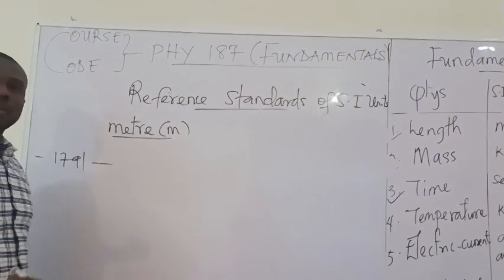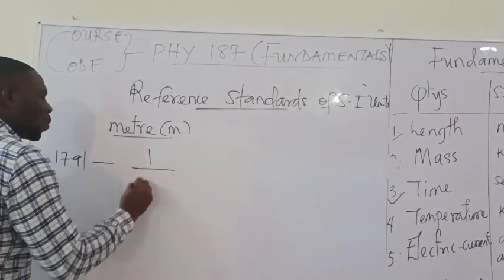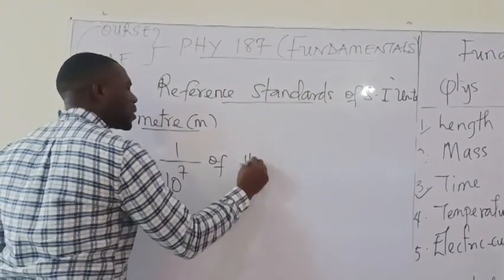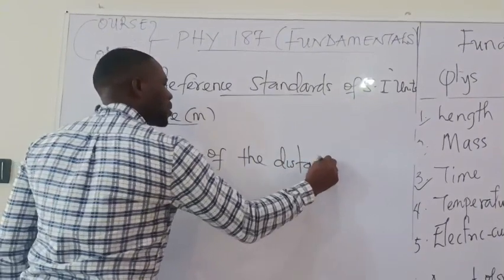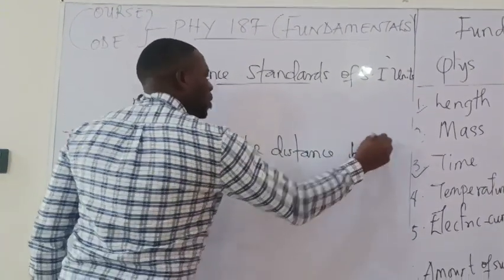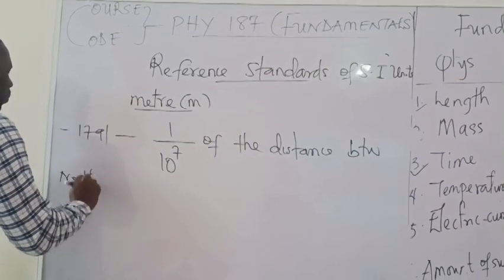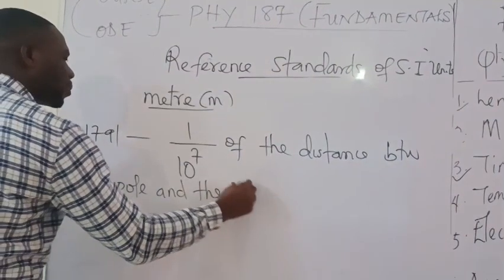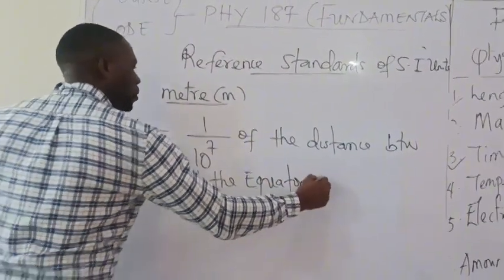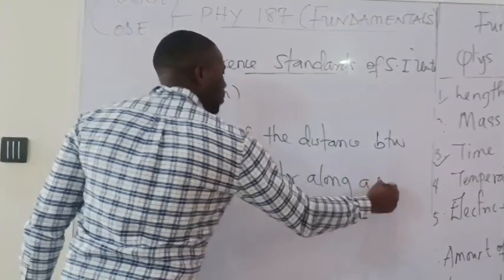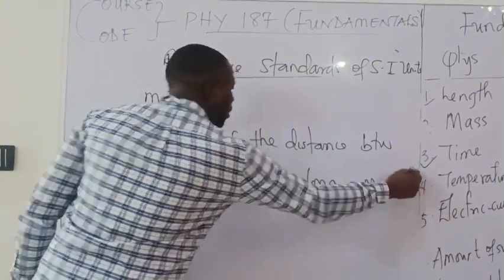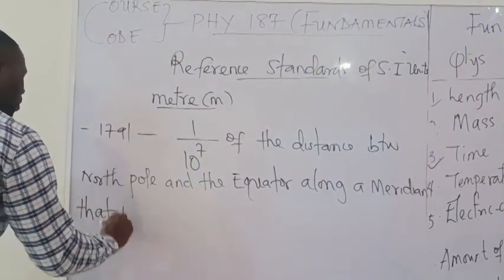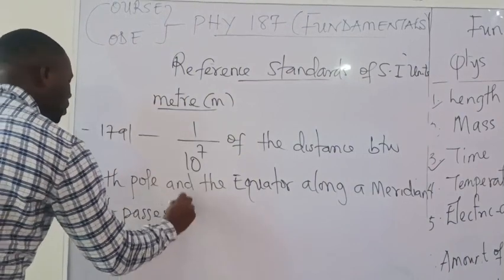The meter was defined in terms of 1/10 million of the distance between the North Pole and the equator, along a meridian that passes through France, precisely through Dunkerque in France.